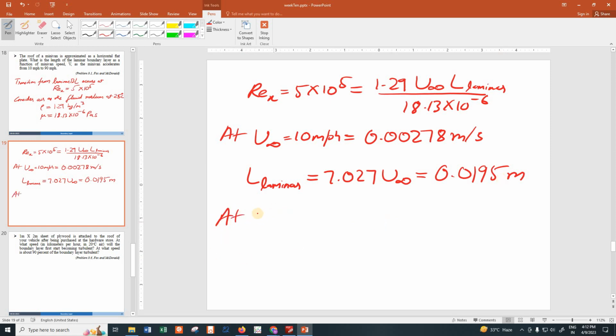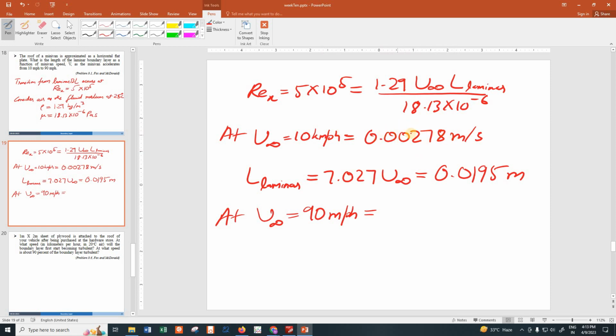Okay, and at U infinity of 90 kmph, it accelerates, so basically it changes its velocity from 10 meters per hour to 90 kilometers per hour. Okay, it is not miles, instead let me just write it as kmph.